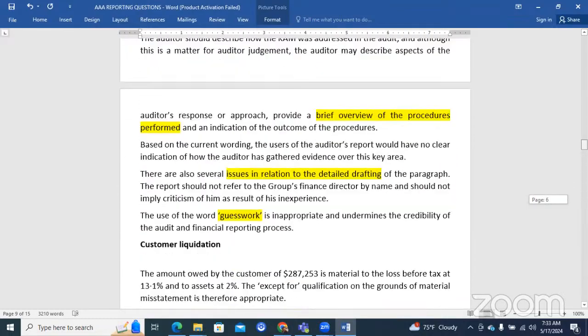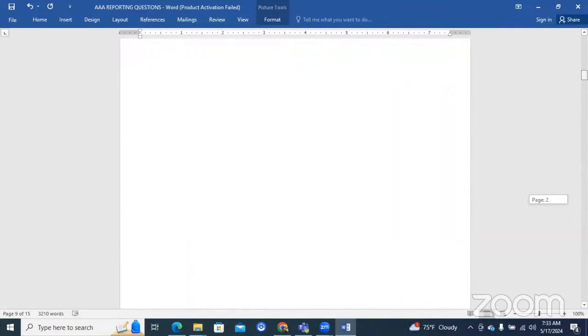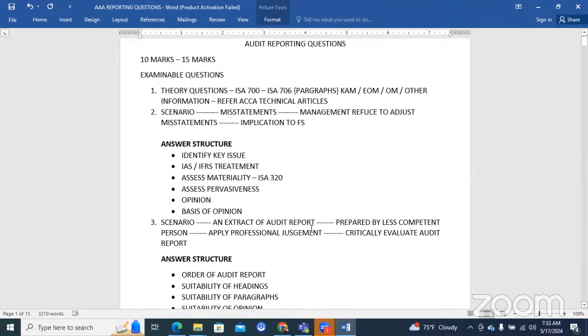Did you all understand what we discussed today? These are examinable questions, and this is how these points can be tested. Easily you can score 10 to 15 marks if you are comfortable with these question patterns. So take the past papers, practice reporting questions and familiarize yourself.